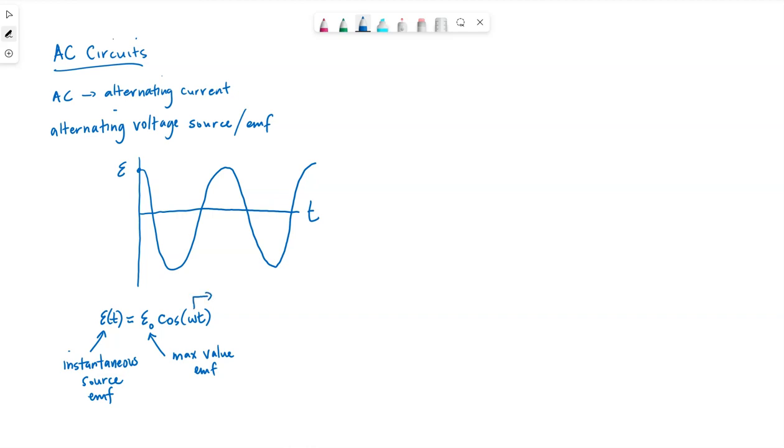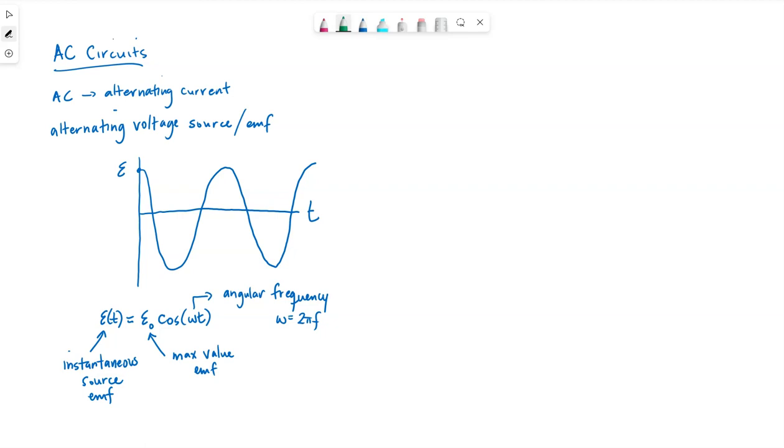Omega is the angular frequency. Omega we can relate to 2 pi f. So f, frequency, being the rate at which, how many oscillations per second that this source voltage makes.